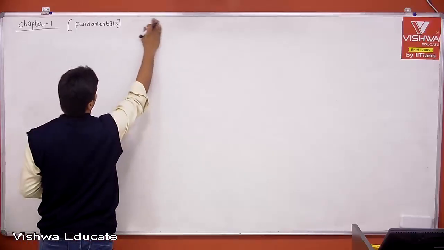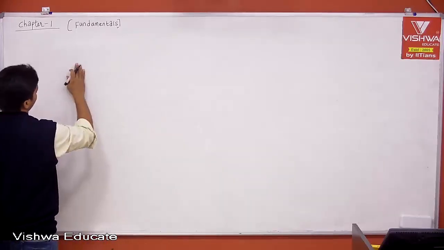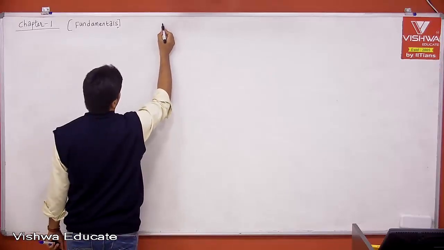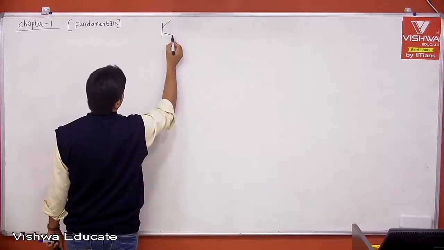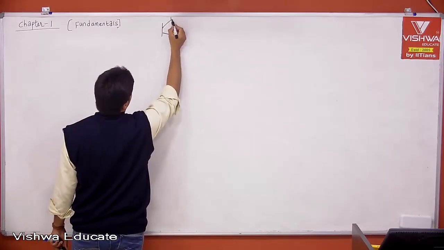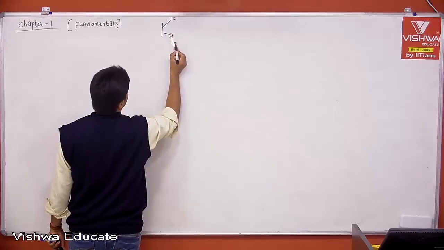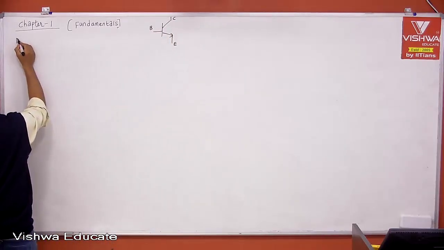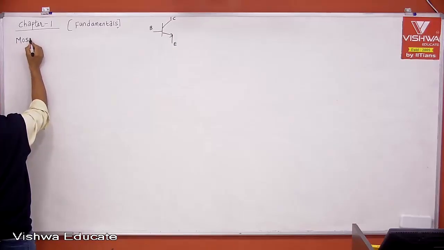Now directly I can give you the summary part. Let me try to correlate with respect to BJT. This is base. Now write down the heading, MOSFET. All these things under MOSFET.